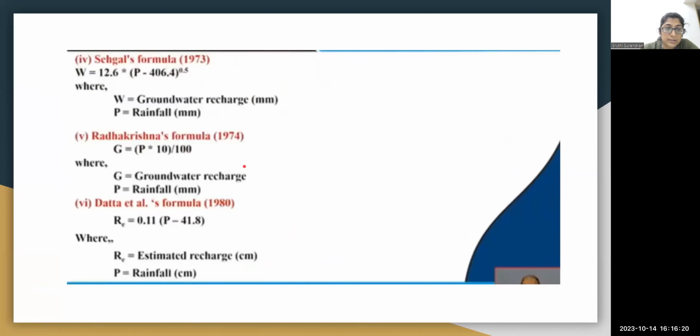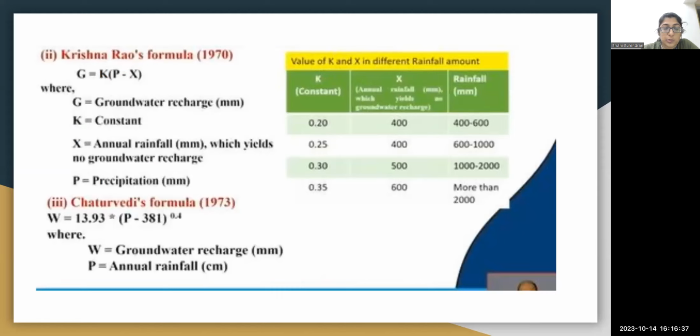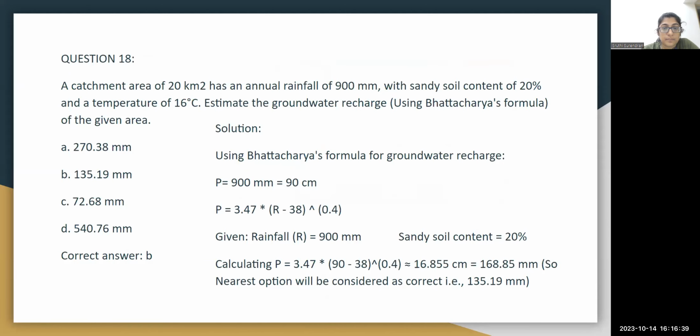You might want to learn these, because there will be questions asking you to find the groundwater recharge based on them.